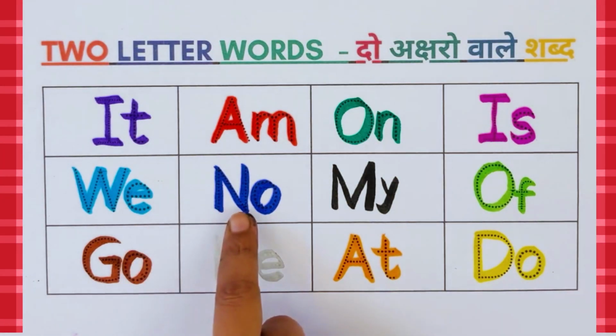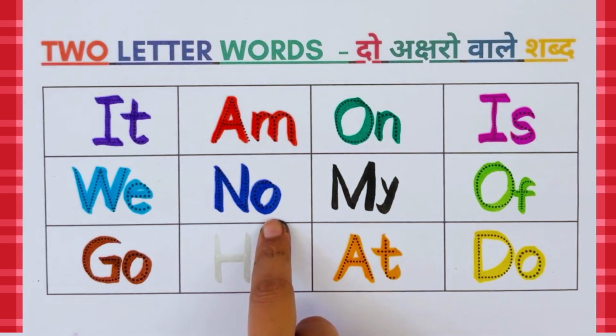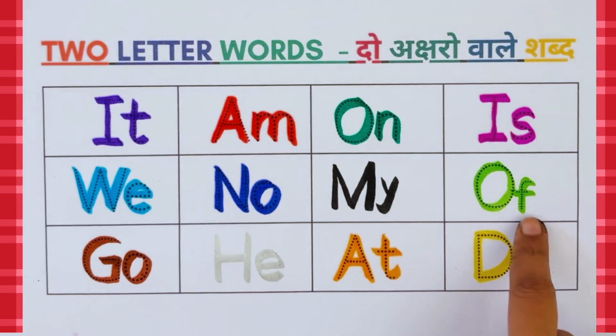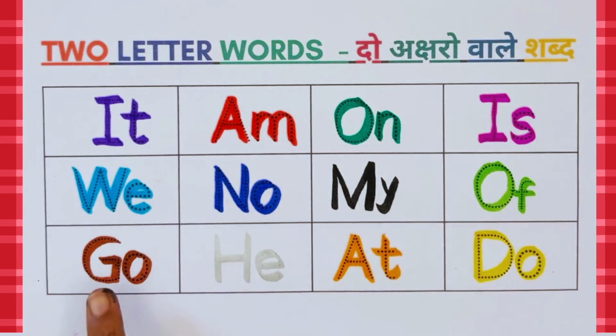W-E, we. N-O, no. M-Y, my. O-F, off. G-O, go. H-E, he. A-T, at. D-O, do.